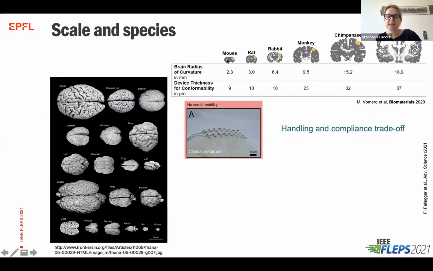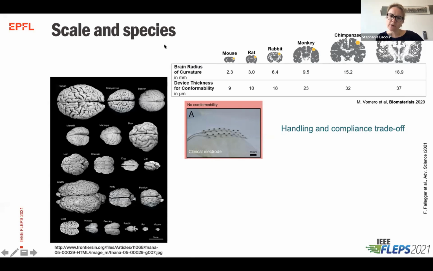From left to right are the various types of animals you interface with, from the mouse to the human via the non-human primate. They report the brain radius of curvature, and the associated thickness that you will need to design a device that will conform to such a curvature.